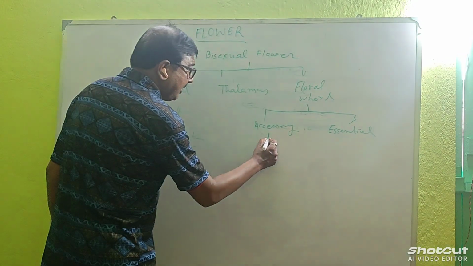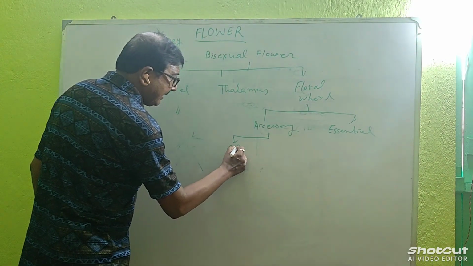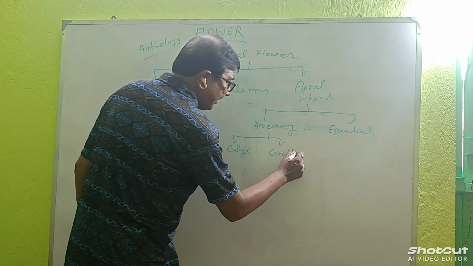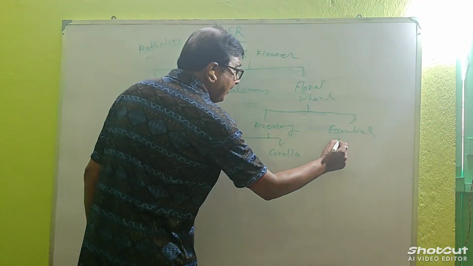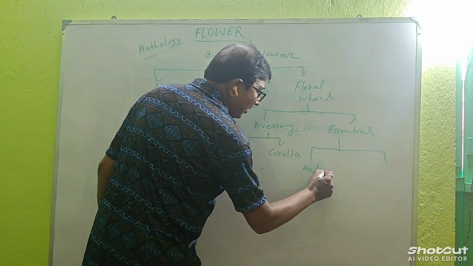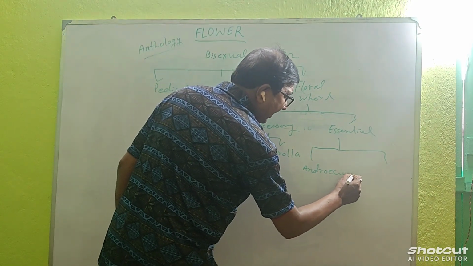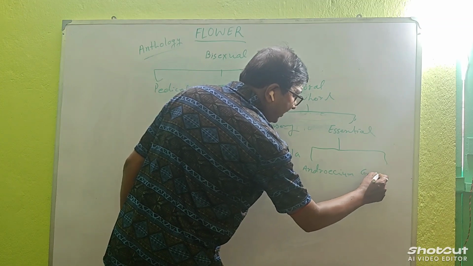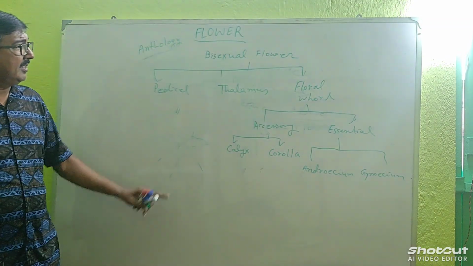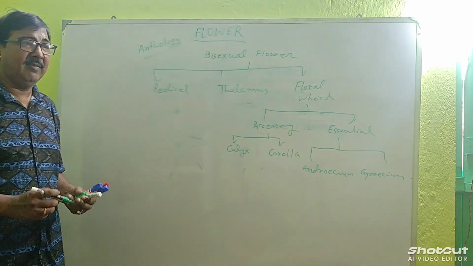In the accessory part there are two parts, calyx and corolla, and in the essential part there are two parts, androecium and gynoecium. So these are the different parts of a flower.